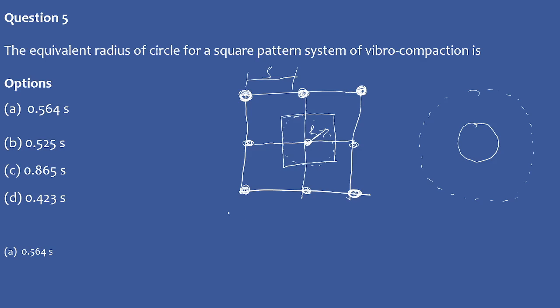To get the radius, we assume that the area under influence for the confinement from the cylindrical probe is equal to the square shape confinement. The confinement corresponding to the square pattern is s square, and the confinement from the cylindrical probe is pi r square.